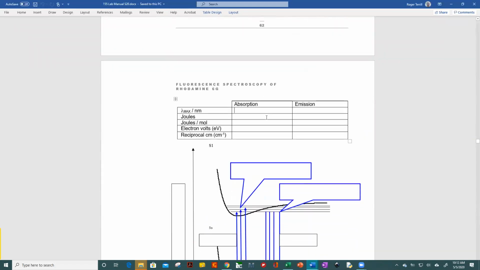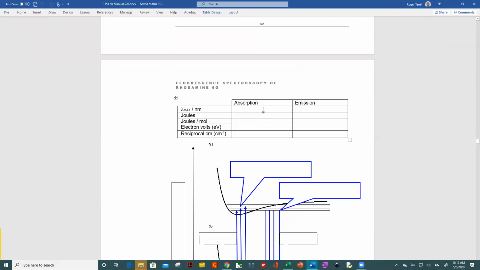Then what we would do is E equals hc over lambda. That goes there.